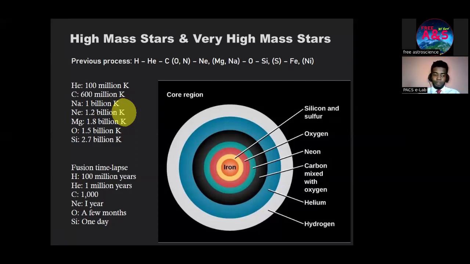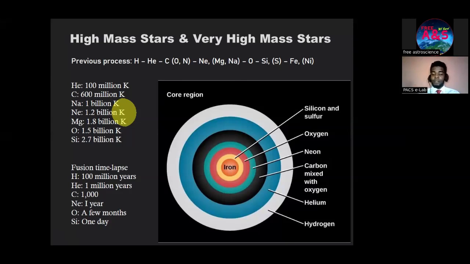For instance, hydrogen we could fuse within 100 million years. When that is exhausted, we then have helium. It will take helium 1 million years to fuse. Then carbon 1,000 years. Neon 1 year, and then oxygen a few months.